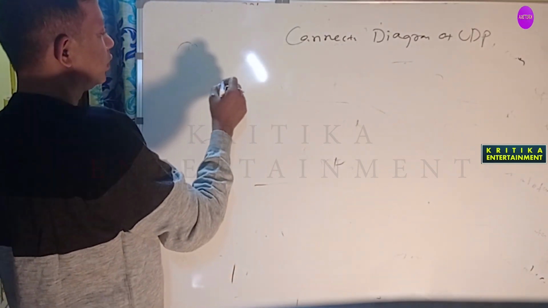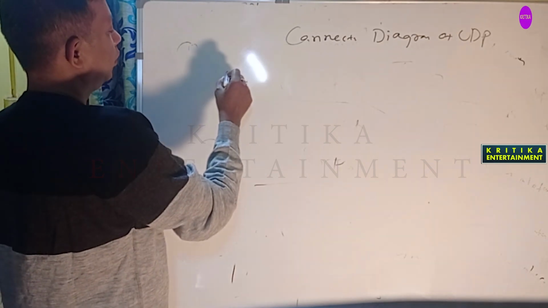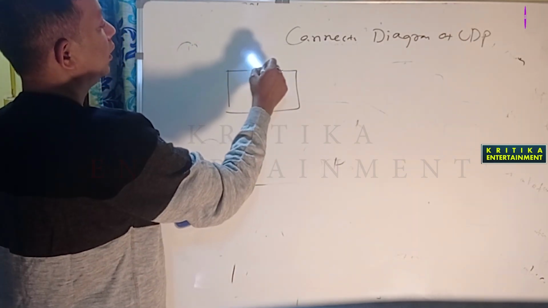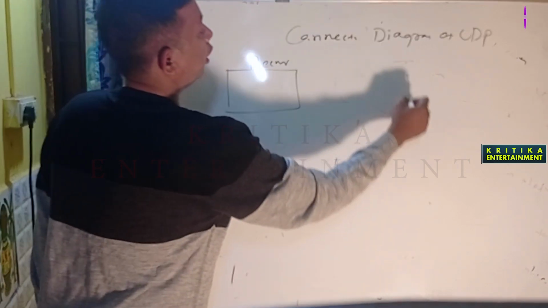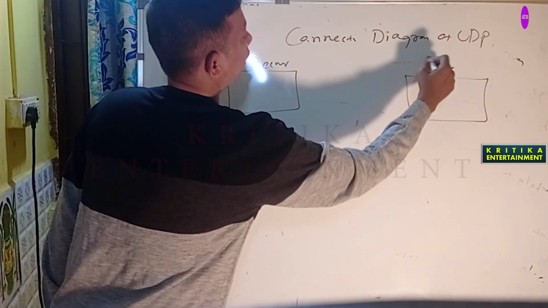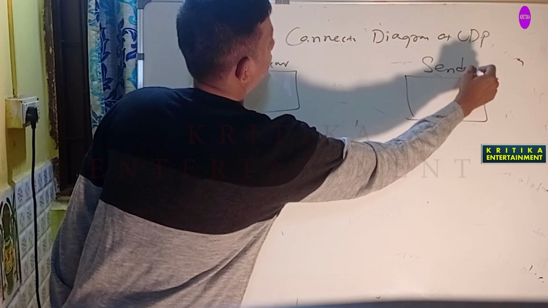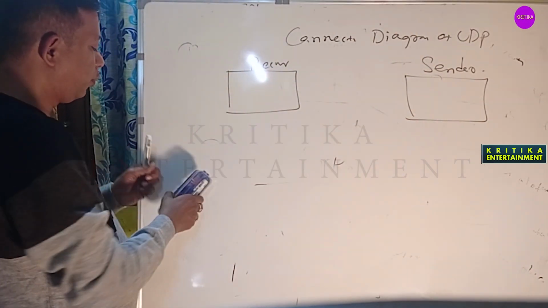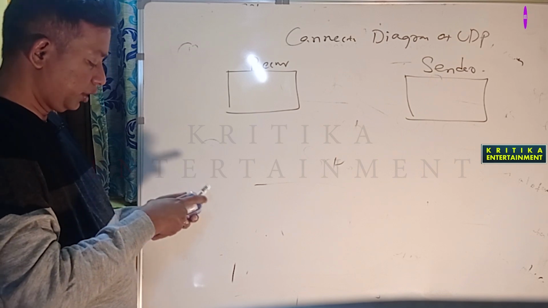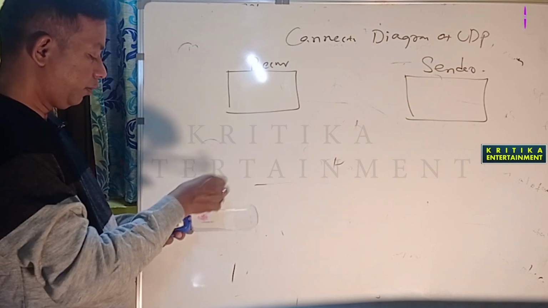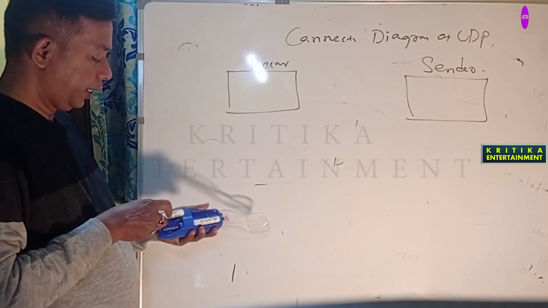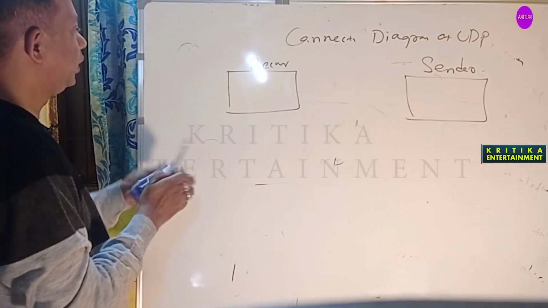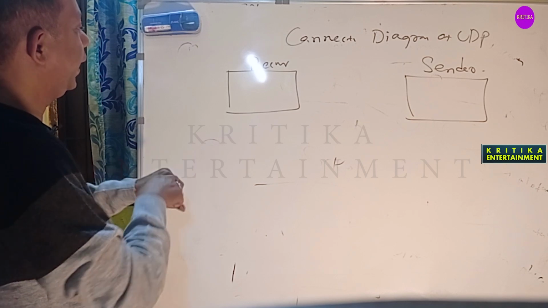So suppose this is the receiver terminal, and this is your sender terminal. When I told you socket is an endpoint of communication between two devices, here you will be the sender and here the receiver machine. So here you will check.